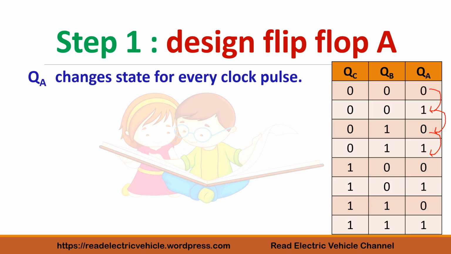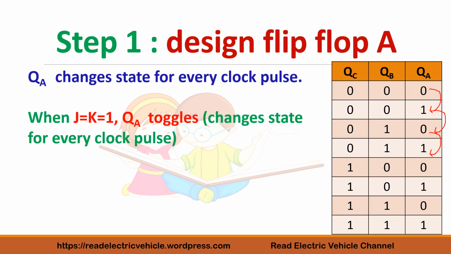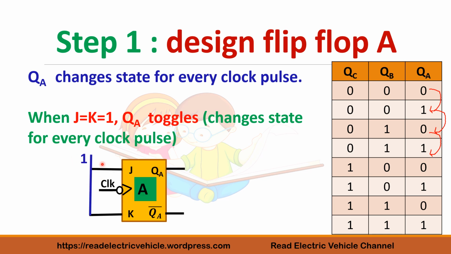We have seen that in a JK flip-flop, when J and K are equal to 1, the output will toggle, so we are going to use this property. Take the JK flip-flop and tie J and K together to 1. When JK is equal to 1, toggling will occur. If it is 0 initially, next time it will become 1, and on the next clock it will become 0, and again on the next clock it will become 1. So toggling occurs, and you can simply connect J and K equal to 1.